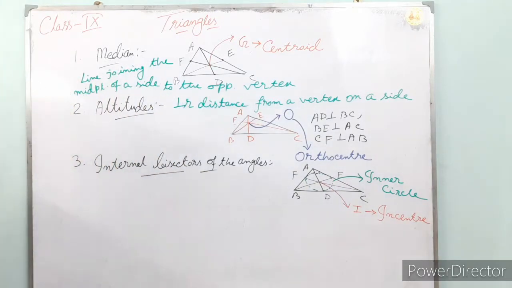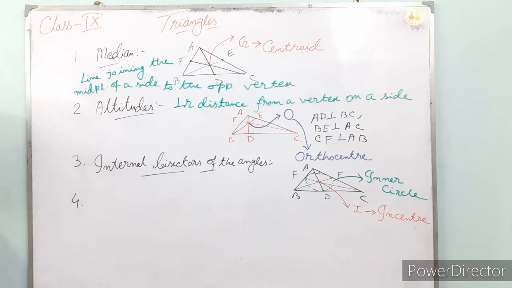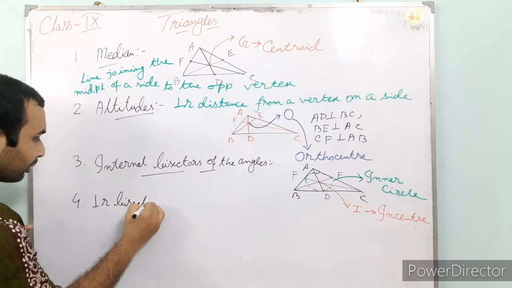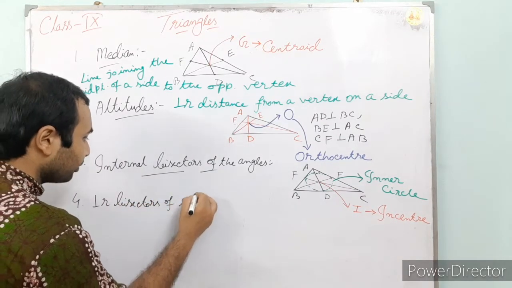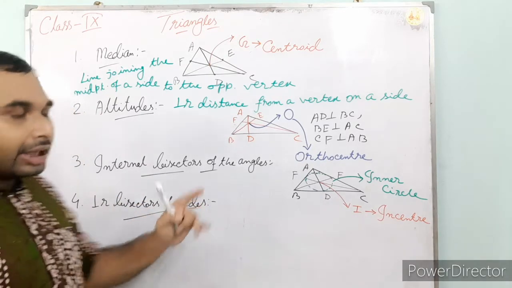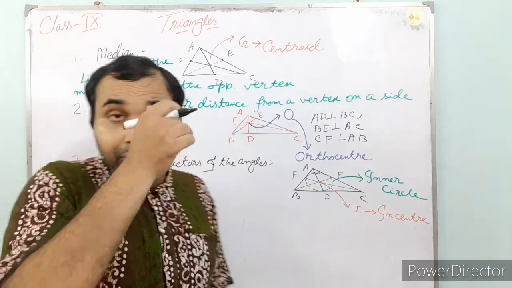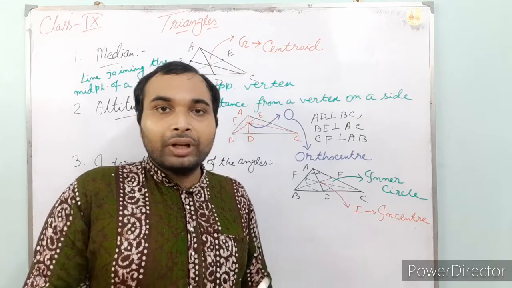Now number 4, that is perpendicular bisectors of sides. From the name only you can find the perpendicular bisectors. I think you know how to draw the perpendicular bisectors of a line.